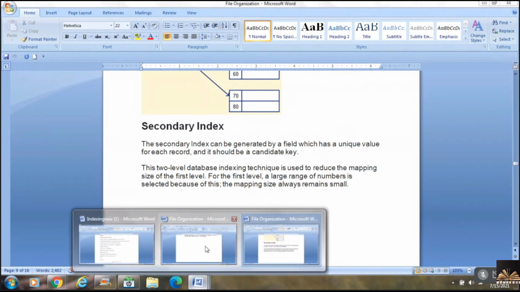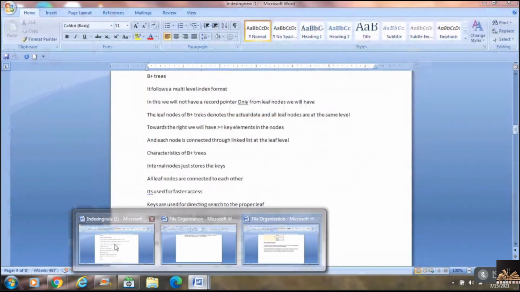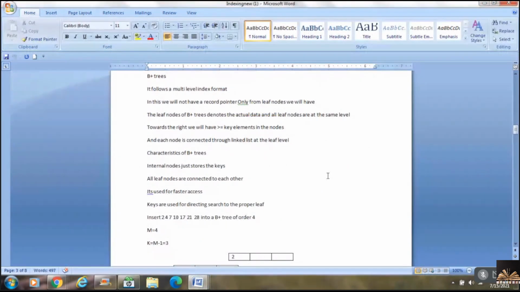But whenever I'm talking about the concept of B plus tree, it is a multi-level index format, so that you can have any number of internal nodes. Since I'm talking with respect to trees over here, we can have nodes which would be the keys.